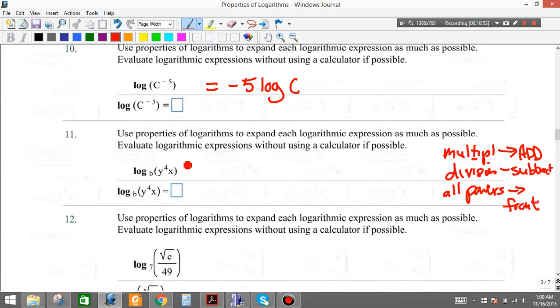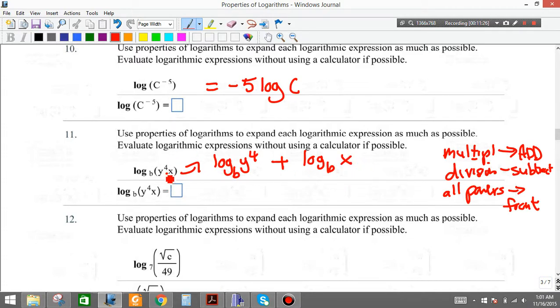So I'll do this carefully a couple of times and then we'll speed it up. This is equal to, by the first rule, you're multiplying y to the fourth and x. And so we know multiplication means that you're adding. So the log of a multiplication turns into logs of addition. So this is equal to log of y to the fourth plus the log, and this is base b, log base b of x. Right?